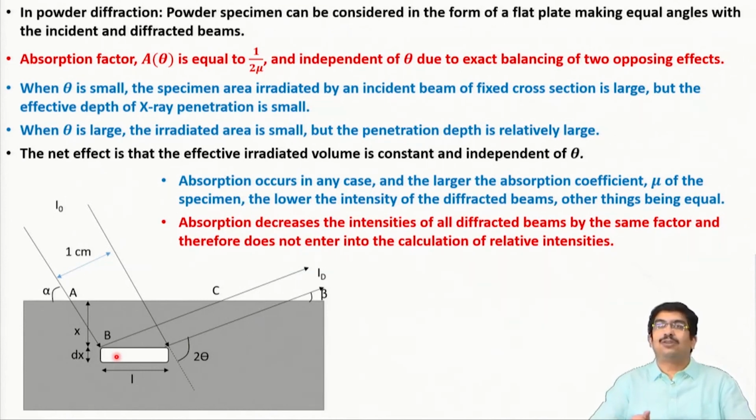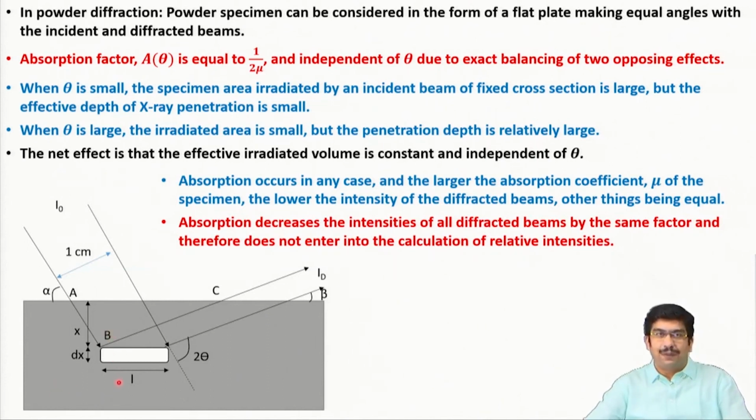So it only depends on the linear absorption coefficient. The amount of absorption is exactly the same for the low 2 theta peak, which is the forward reflection condition, and the high 2 theta peak, which is the back reflection condition. It only depends on the linear absorption coefficient of the material that is used there. Now, why is it so?